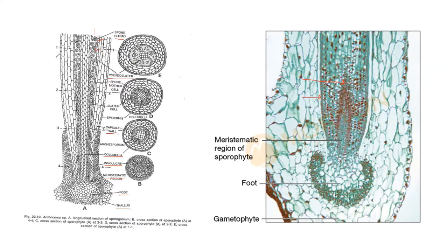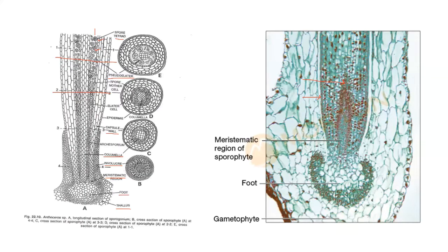Okay, now correspondingly, what you can see here is a transverse section, which is taken at different levels. You can read over here 1, 2, 3, 4. So these are the sections taken at these levels. At each level, you'll be able to see the stages of development.